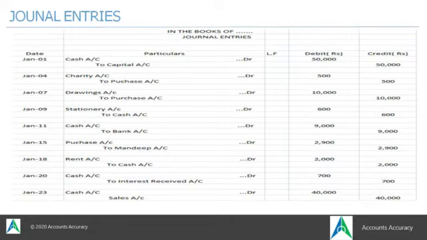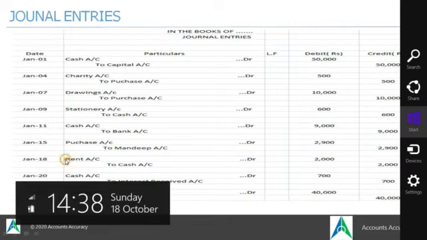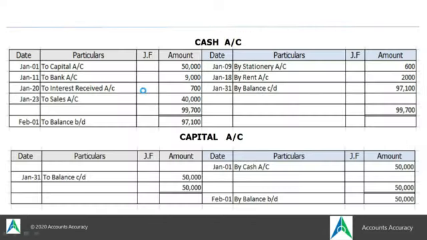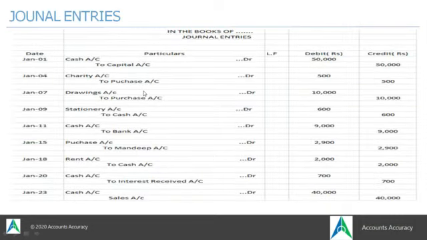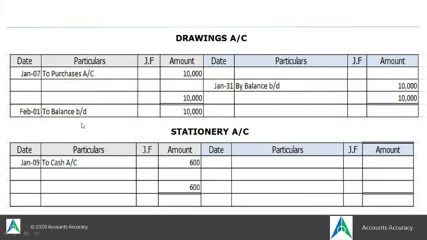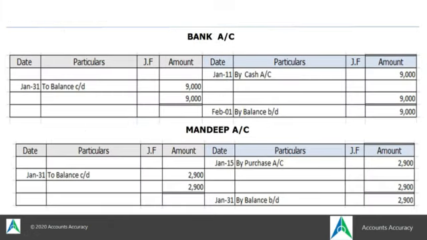You can see here on January 11 we have the journal related to the bank account. So this will be January 11. In the bank account you will write by cash account 9,000, and no other related entries to bank are there.